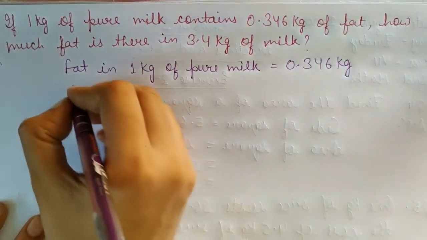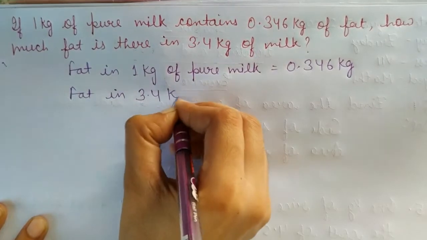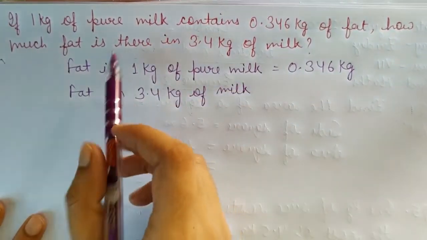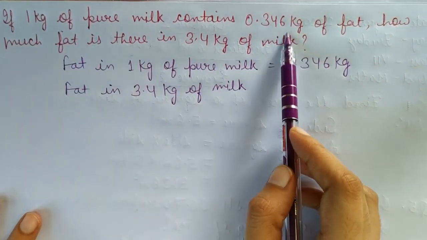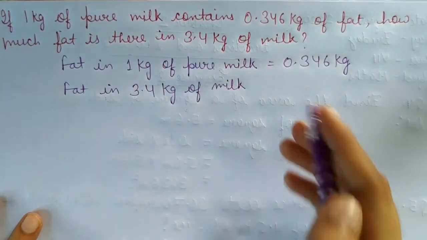And what we have to find? Fat in 3.4 kg of milk. As you can see, we are given the fat in 1 kg of milk, that is 0.346, and we have to find fat in 3.4 kg of milk.